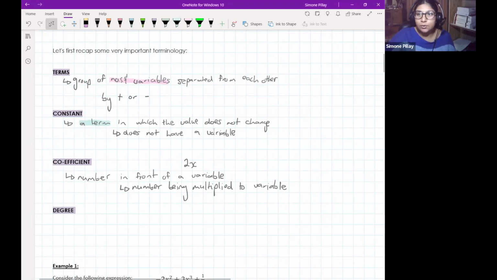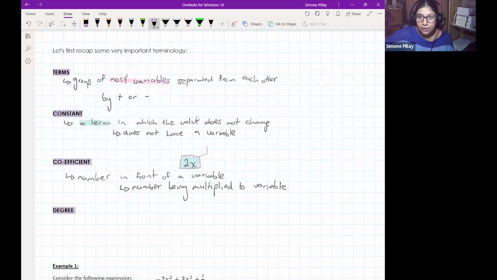So now keep in mind, I don't want you guys to confuse your terminology. This is different to a constant. A constant is a term on its own that does not have a variable. A coefficient is when we have a term that has numbers and variables. So this 2x is one term.